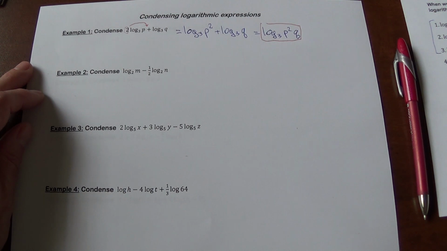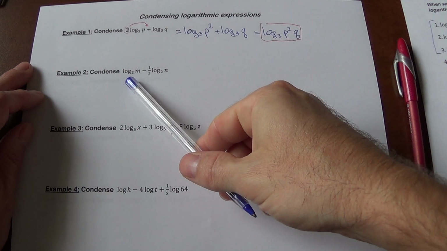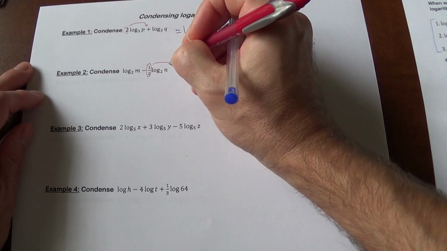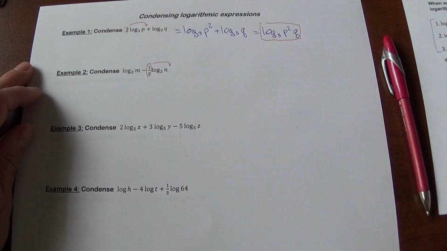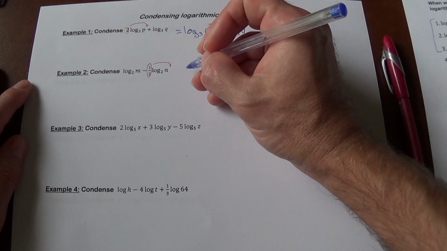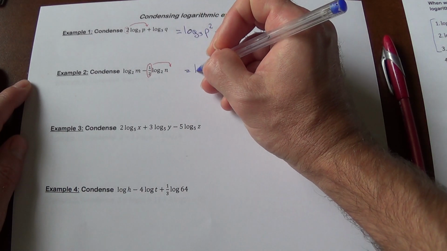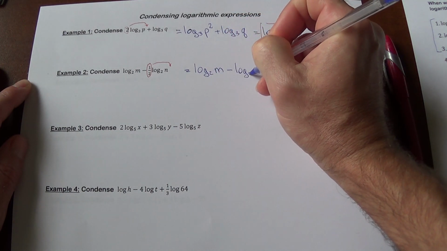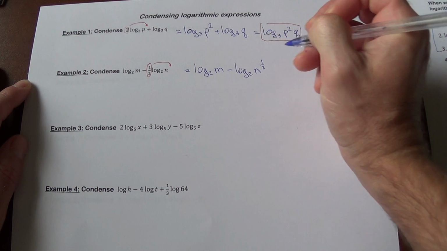The second example, right there, we have 1/2 that we're going to bring inside. I will strongly discourage you from using negative 1/2, as a lot of problems I've seen happening when students try to handle that as a negative. Just keep the minus there and handle that as a positive number. So we're going to get log base 2 of m minus log base 2 of n to the power 1/2.